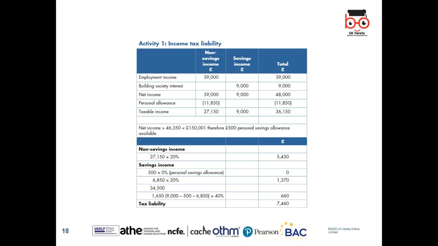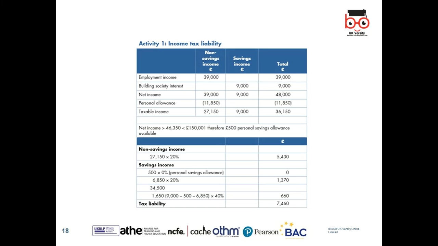My total income was 36,150, so the remaining 1,650 is taxed at 40%, which is 660. So my total tax liability will be 7,460. I understood the basics, but I need to work out sums to get the full understanding. No problem.